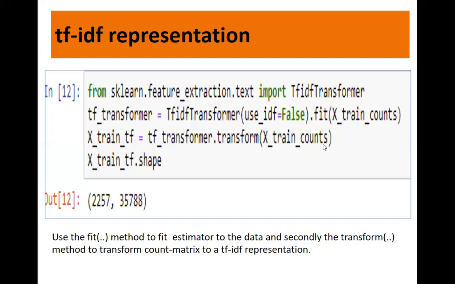First we fit and then we transform it. We use the fit method to fit our estimator to the data, and secondly, we use the transform method to convert a count matrix to a TF-IDF representation. So first we fit the estimator and then we convert it.